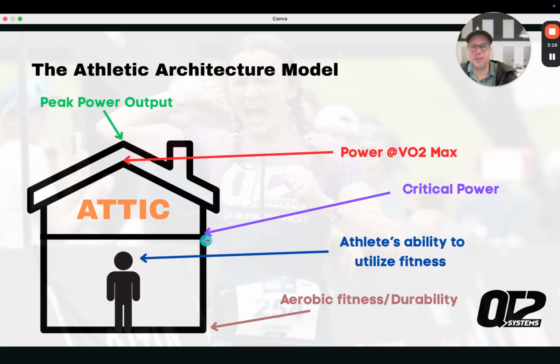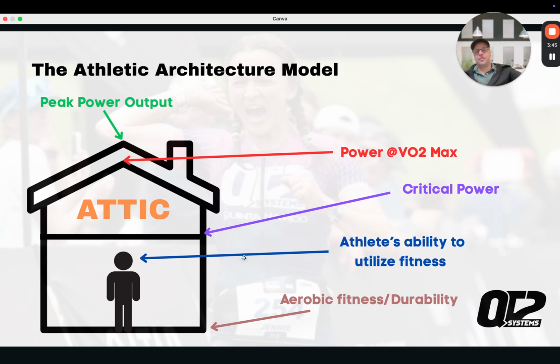So between our critical power and the bottom of the roof defines our attic space. And the size of the attic space is really our primary area of concern for what we're talking about today. At what percentage of the VO2 max does the critical intensity occur?